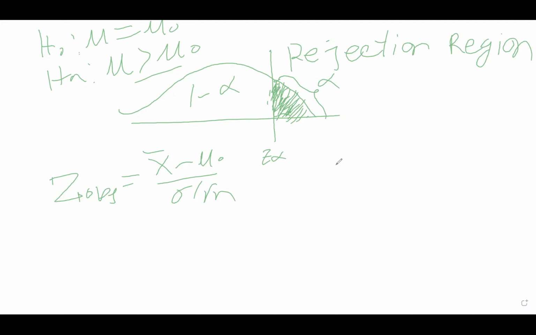For a two-tail test, the test statistic will also be exactly the same thing. The difference is the rejection region.